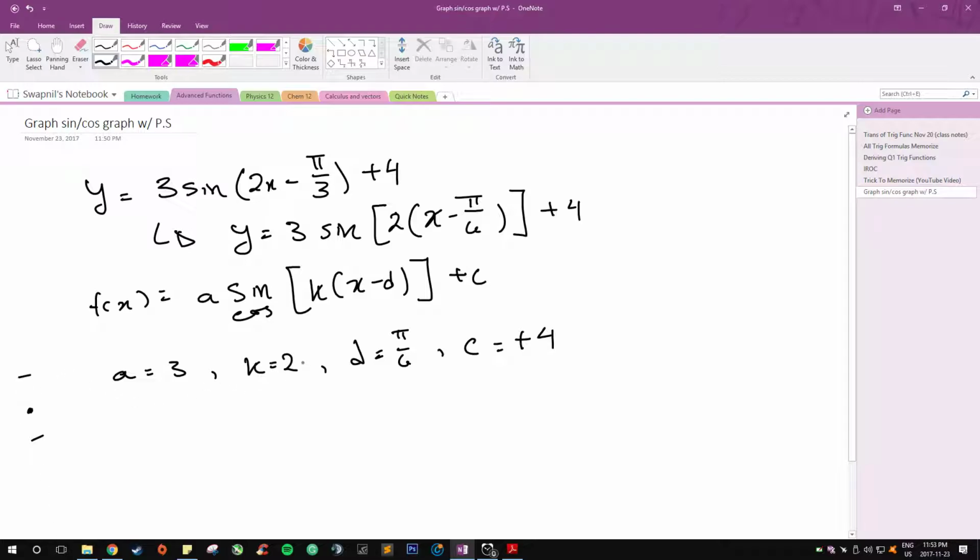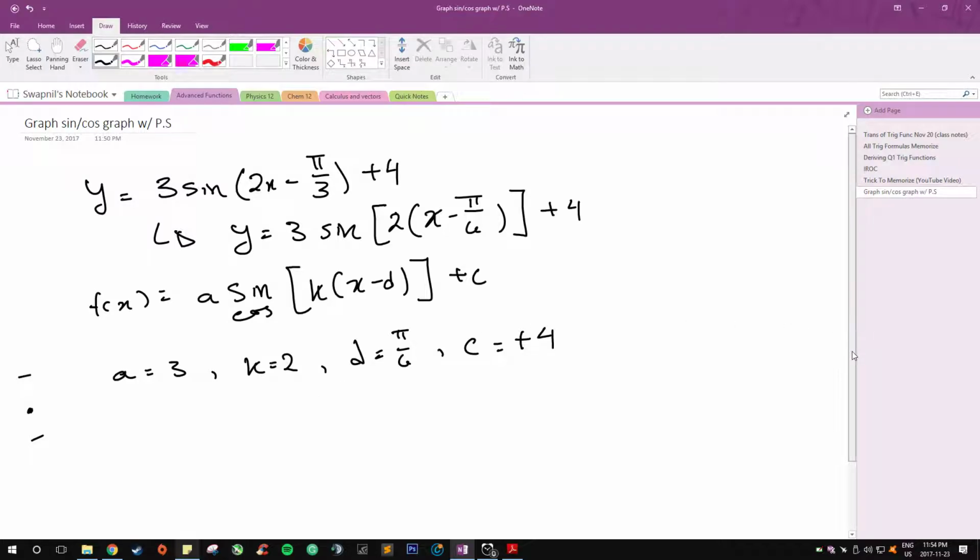K equals 2 tells you it's a horizontal compression. So if the graph was like something like that, now the graph will be like that. I'm just illustrating. D will be shifted pi over 6 units to the right, and C is obviously going up 4.